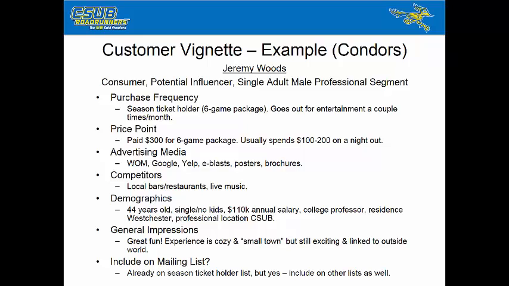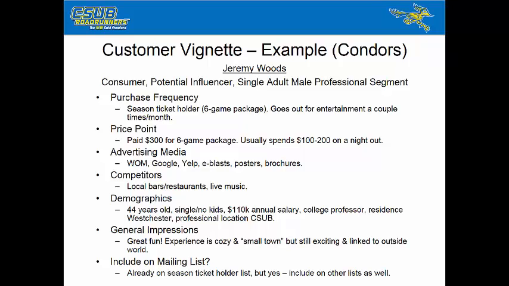Price point, I pay about $300 for the 6-game package, and I usually spend about $100 to $200 on a night when I go out. Advertising media, I would use word of mouth if people told me about the game. I would go on Google sometimes and look for new things to do and might find the game. If there's Yelp reviews, I tend to read those. If I get an email in my inbox and it says Condors tickets, I might pay attention to that.